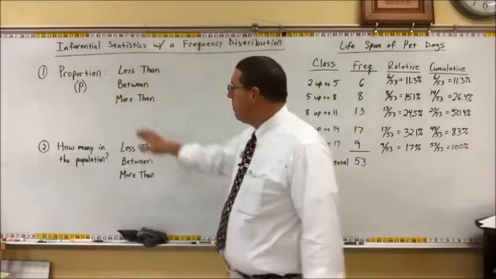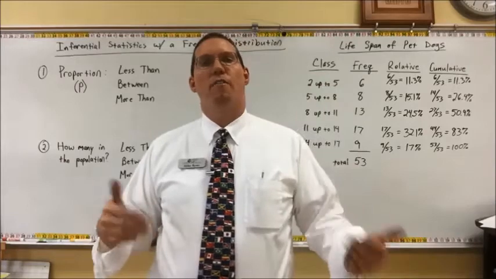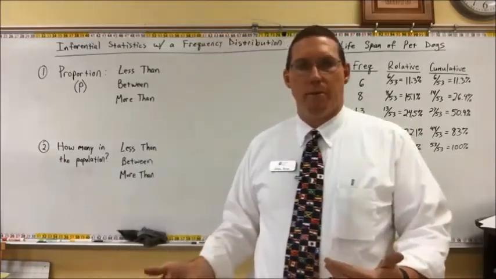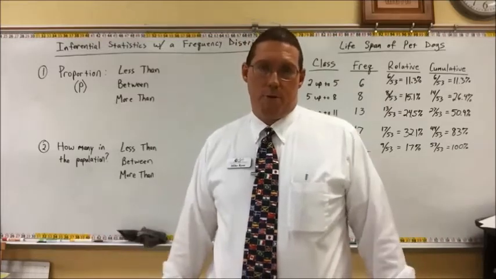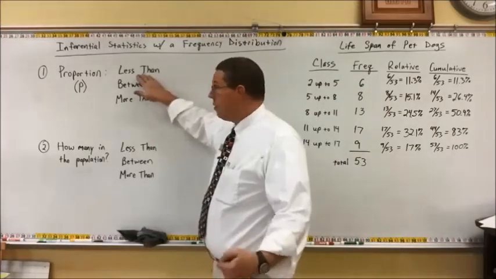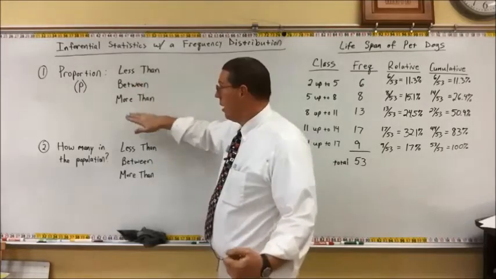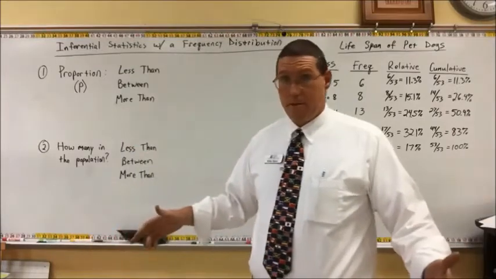Or you can ask a more than question. You could say, well, what proportion of all pet dogs in the United States live more than 8 years? Okay? And so we have less than questions, between questions, and more than questions. That's as basic as it gets.